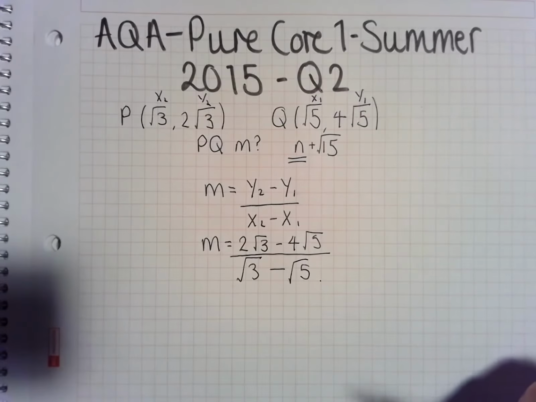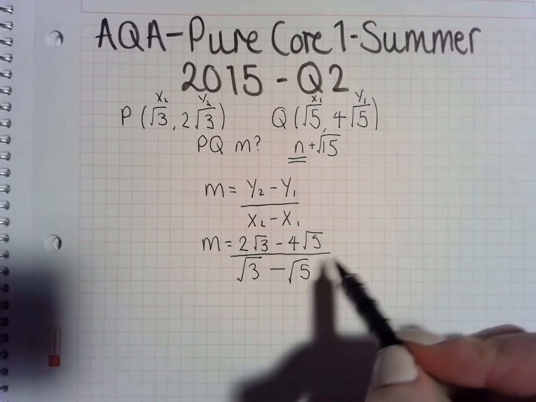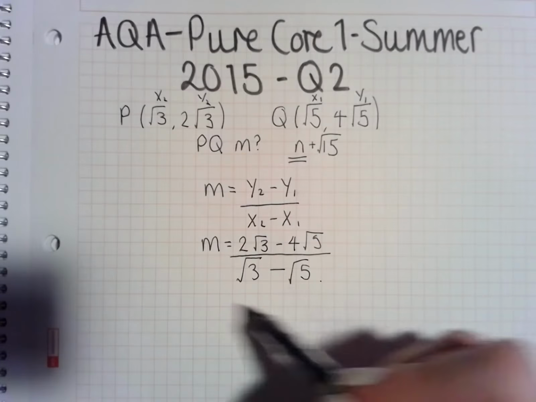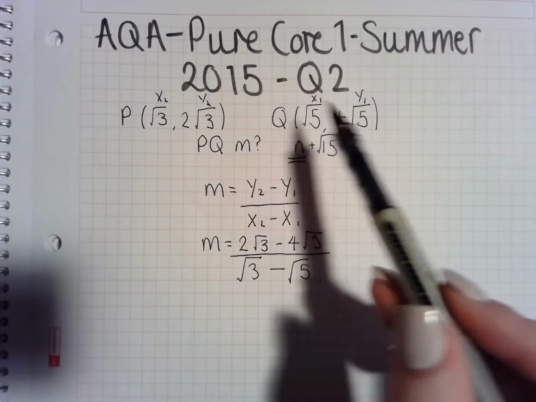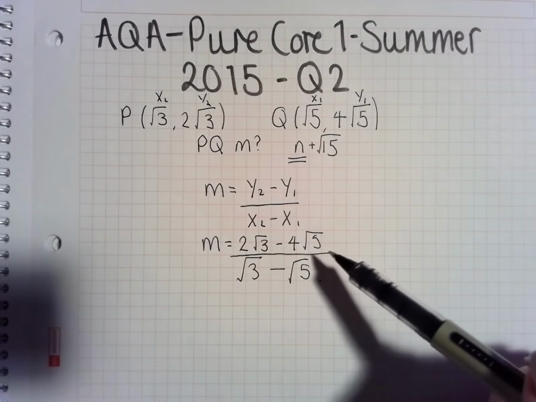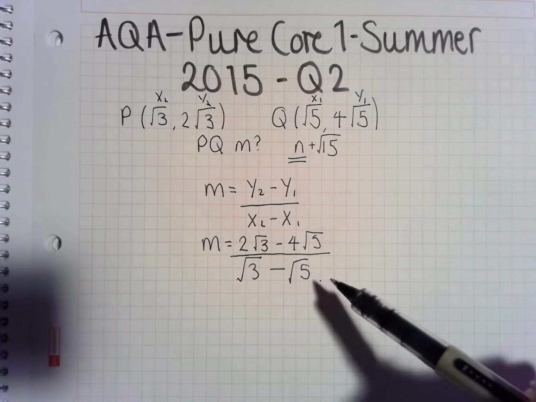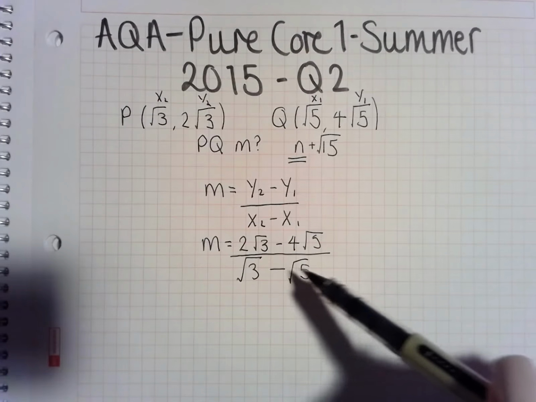Okay, so we know that in these questions this needs simplifying because we need it in this form. This is the gradient technically, this is the answer, but now they want us to manipulate it and make it into this form. So what we need to do is remove the square roots from the bottom, and we do this by timesing both the top and the bottom by the reciprocal of this.